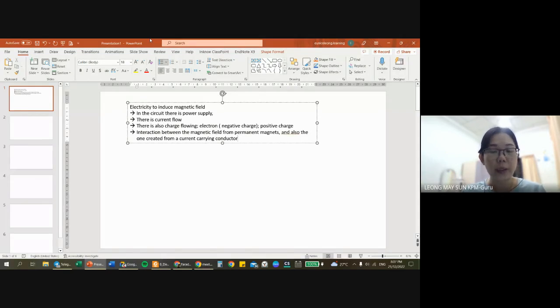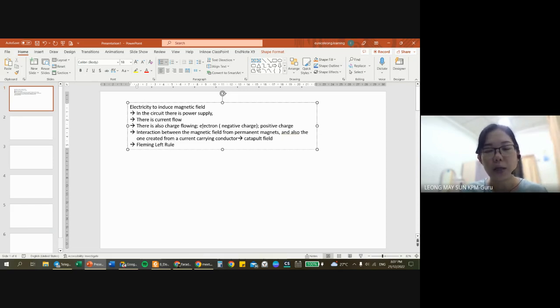There is current flowing into the wires, and there will be interaction. That particular interaction is what we know as the catapult effect or the catapult field. Then if it's electricity to induce magnetic field, we will have to use our Fleming left-hand rule. So that is what we have already learned previously.